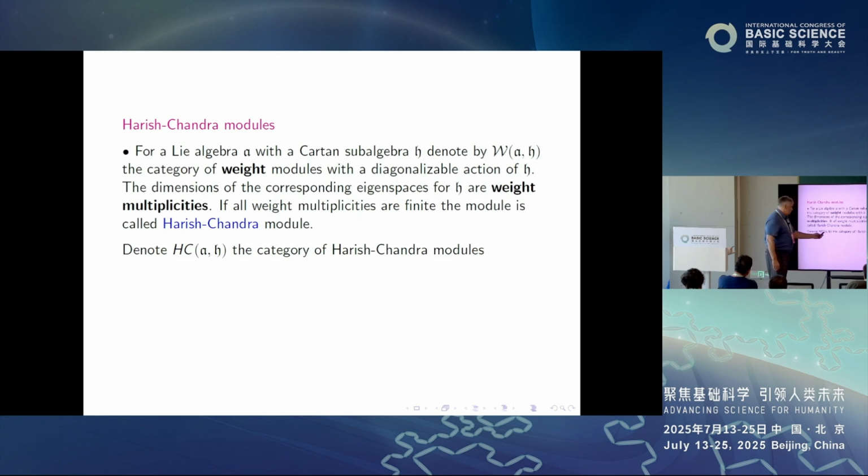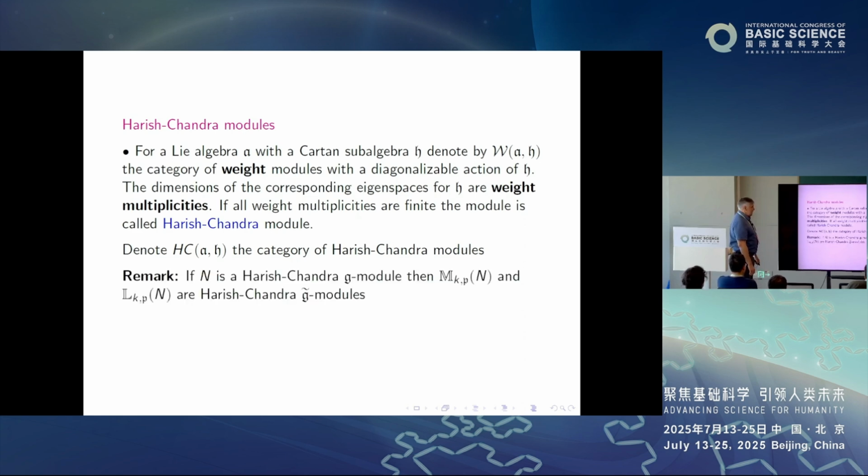And then I will denote it this way, the category of all Harish-Chandra modules for a pair A and H. So in particular, those parabolic induced modules that we had above, if we start with a Harish-Chandra module for finite dimensional G, we will get Harish-Chandra modules for G tilde, but not necessarily for G hat. So the degree derivation will give us finite dimensional multiplicities.